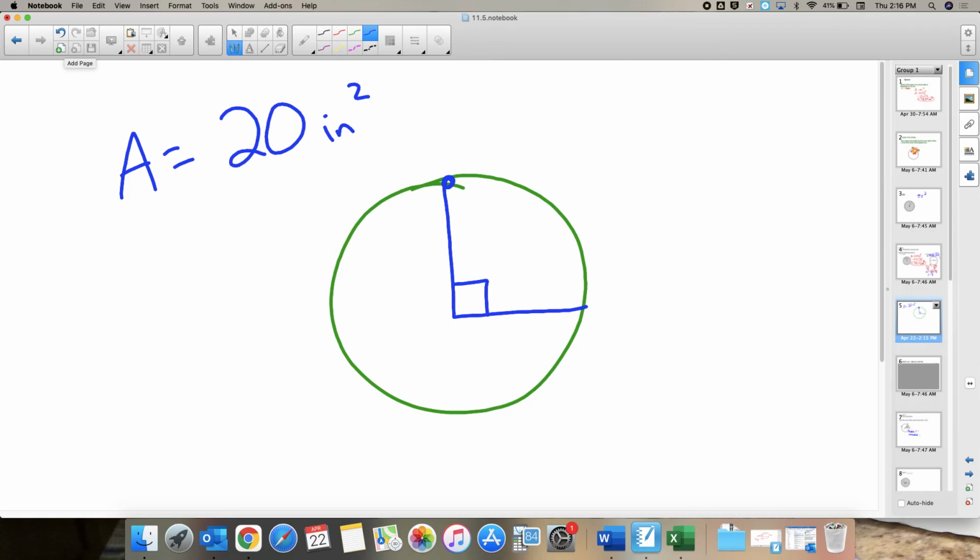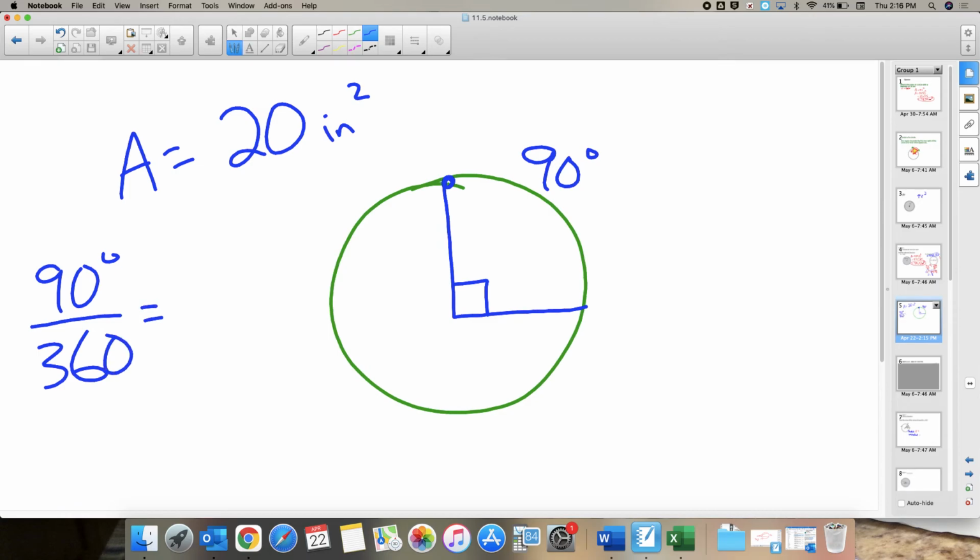Well, that arc angle there was 90 degrees, which means my arc was 90 degrees. So we want 90 degrees out of our 360. That's 1/4. Equals the area of our sector. This is what we're trying to find. So that'll be our x. Out of the area of the whole circle, which we just said was 20 inches squared.